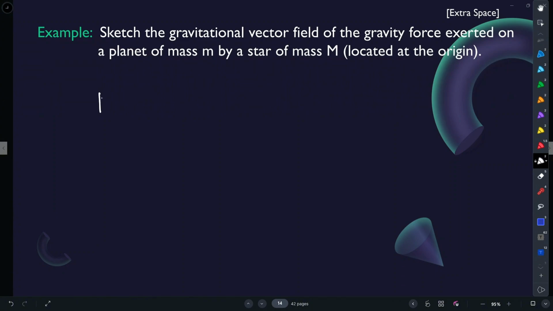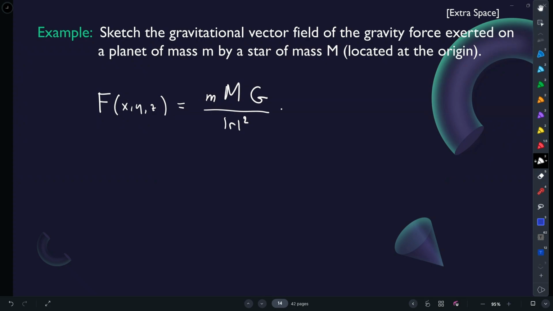So the right quantity, the actual force at x, y, z, will be the quantity that Newton tells me: the mass of the planet, the mass of the sun, the gravitational constant, divided by the distance to the object squared, times the unit vector in the direction that I want.